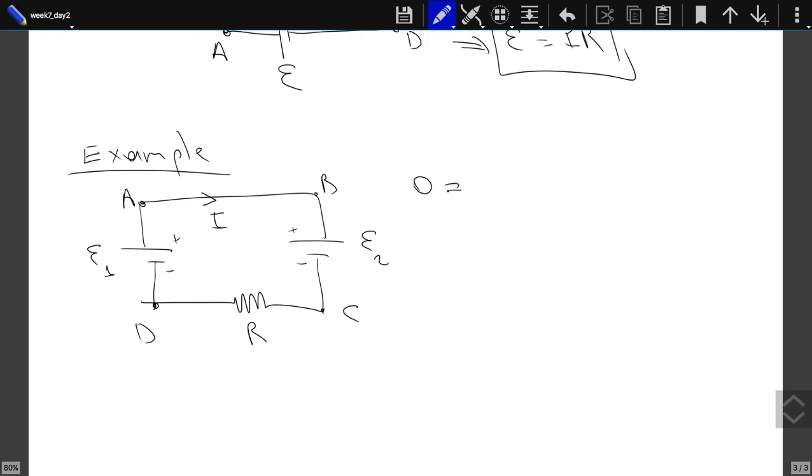There's no resistance over there. So there's no potential difference between those 2 points, A and B. Now, what is the potential drop as I go from B to C? Now, this time B is at a higher potential, C is at a lower potential. The difference is epsilon 2, so the potential drop from B to C is epsilon 2. From C to D, what is the potential drop?